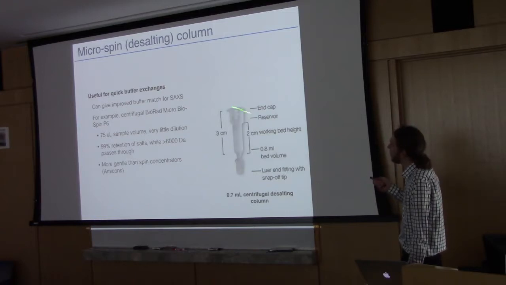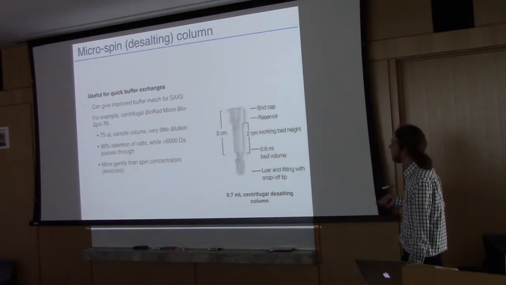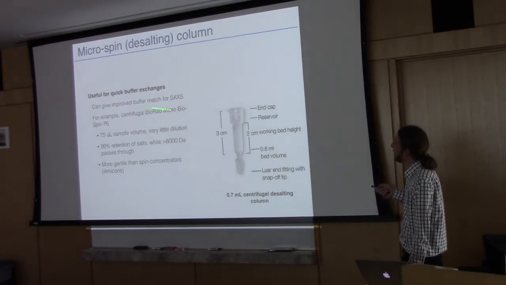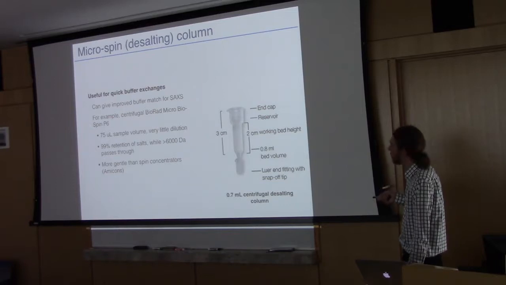Ando Lab really likes these quick spin columns. We usually bring a bunch of them to the beamline because you can rescue bad buffer matches. Basically, you load your sample on the top and flow through, and their typical volume is 75 microliters, which is about what you would normally use for a few SAXS data points, maybe.